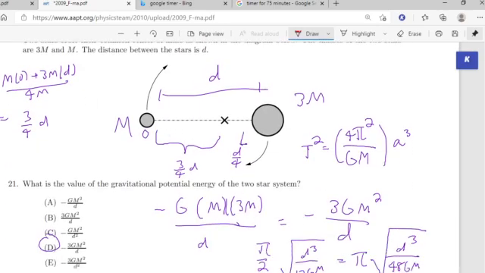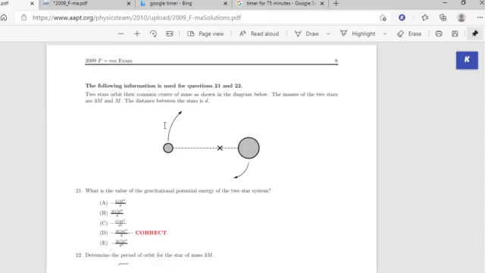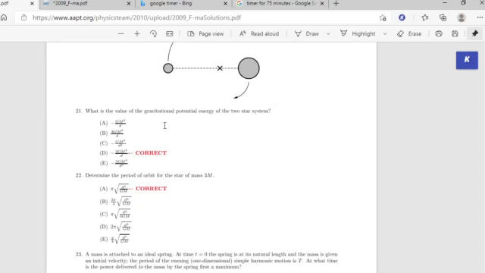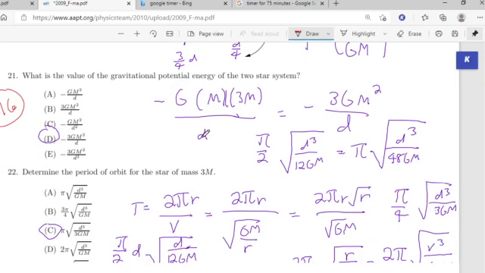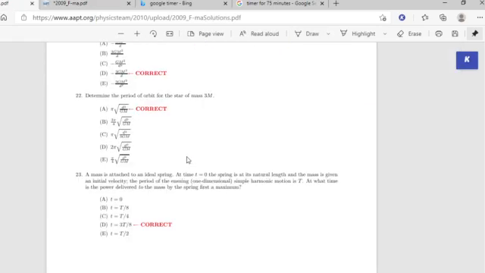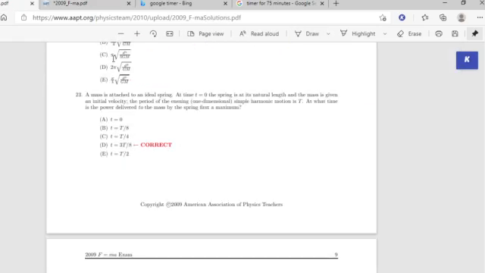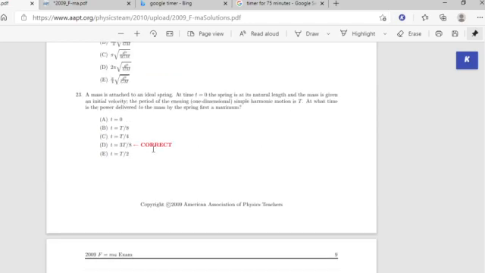21 is D. 22 is actually A. So this is +16. 23 is D. Huh, why is it D?